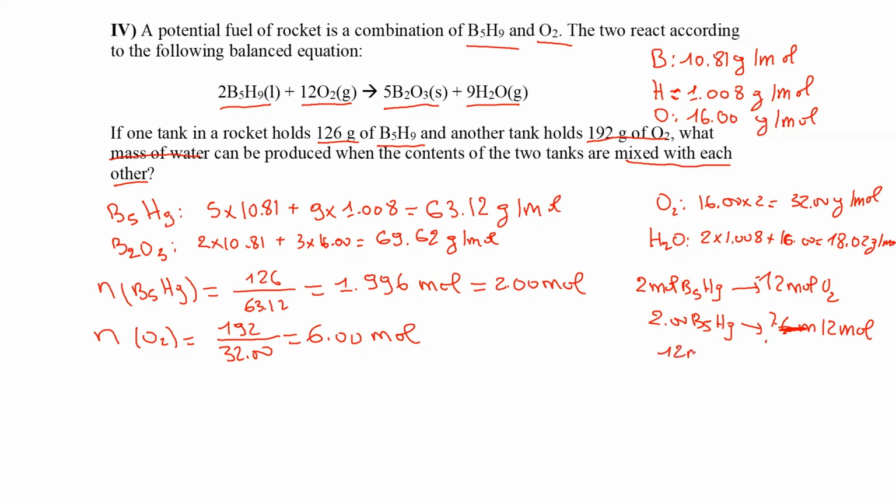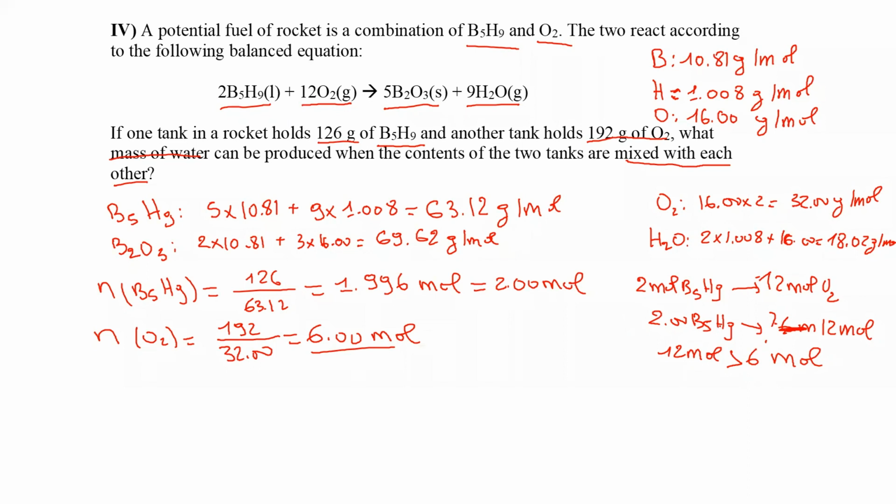And this 12 mole is bigger than what I have, which is 6 mole. So I know that I don't have enough oxygen to react with all of my amount of pentaborane.